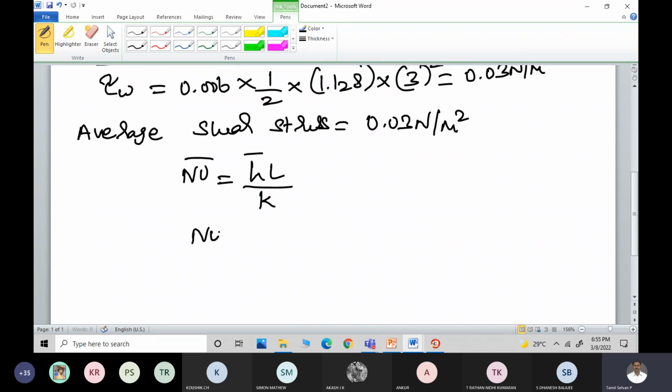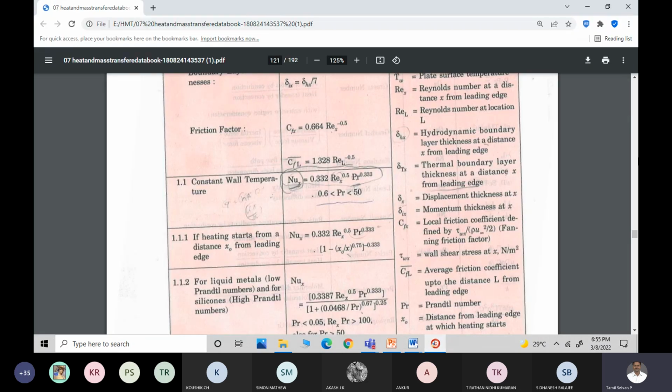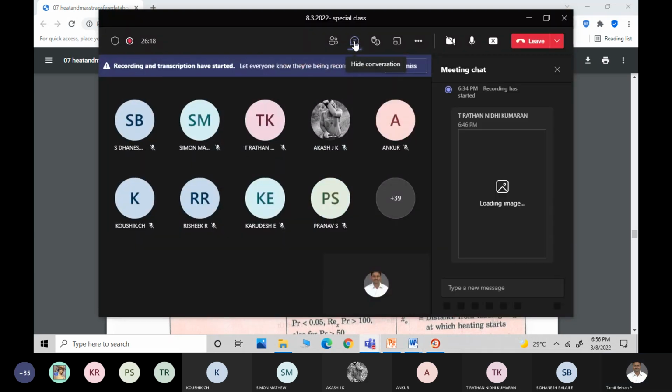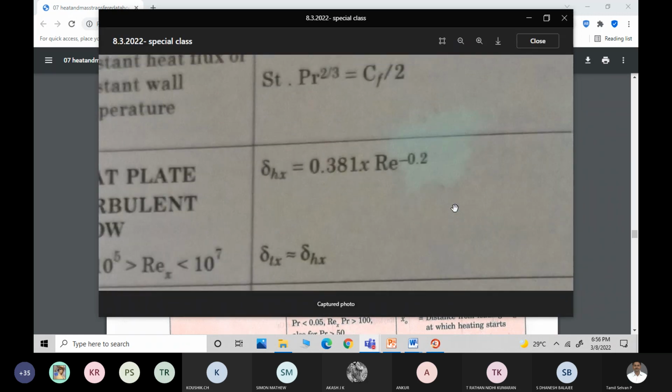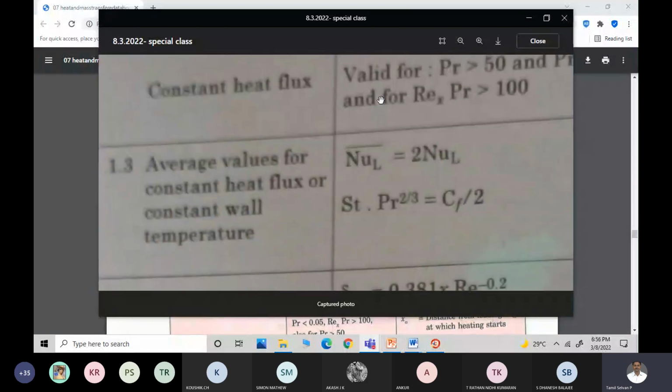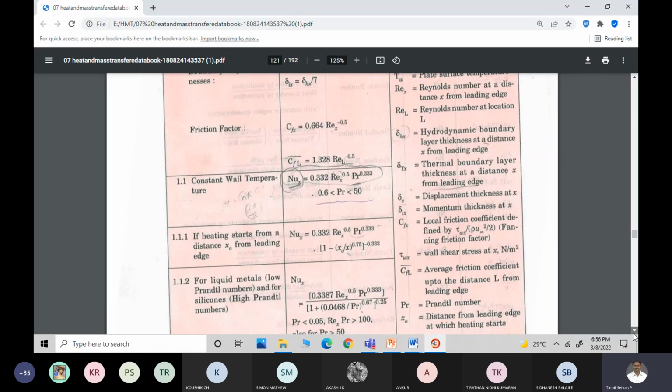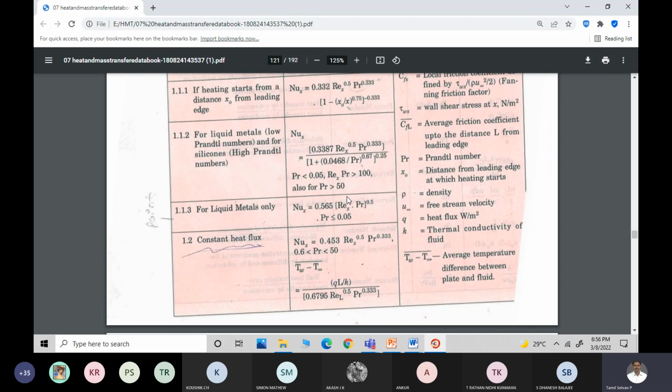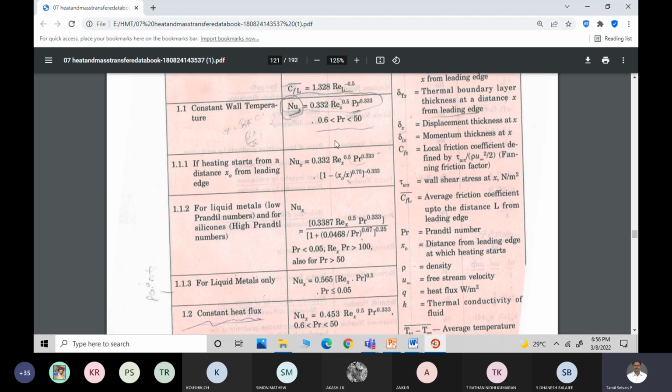For laminar flow, you can see this slide: average Nusselt number is equal to 2 times the local Nusselt number. So you can use this expression.